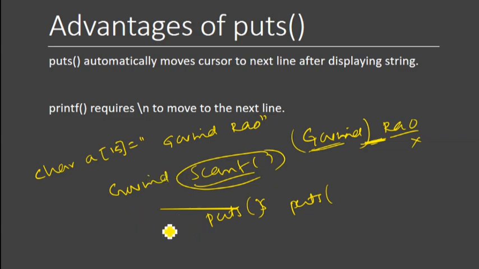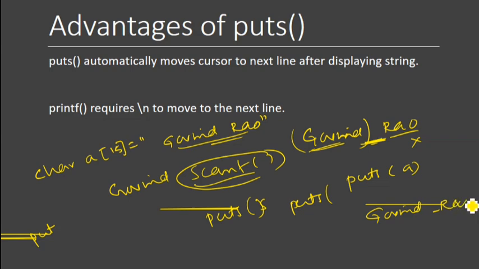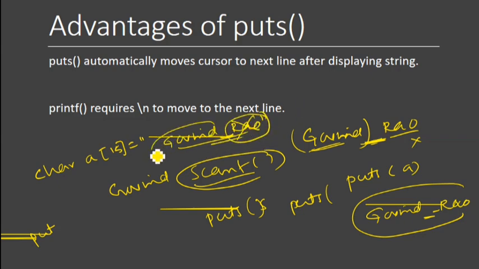But in case of puts a, it reads the complete string Govind Rao, including blank spaces. So this is the difference. Scanf reads numbers, special characters and everything, but the gets function reads a string including blank spaces. Scanf cannot read blank spaces; whenever a blank occurs, the remaining string will be ignored and only the first part will be read.